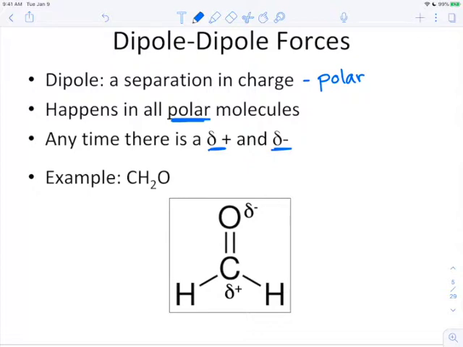And our example is formaldehyde here, so CH2O. What we learned way back when is that oxygen is more electronegative than hydrogen. So if I were to draw an arrow, I would say the electrons are flowing towards that oxygen and away from the hydrogen.